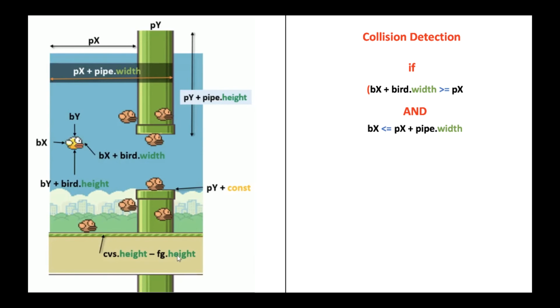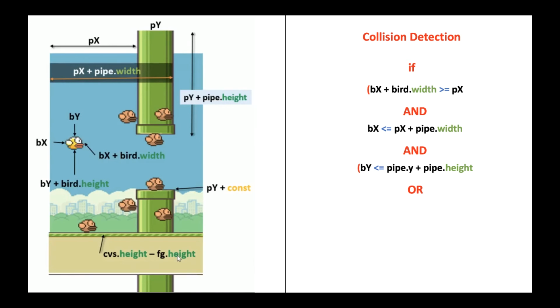And we've also got the possibility of a collision where the bird's x coordinate is greater than or equal to pipe.x plus the pipe.width. And finally, we've also got another and where the bird's y coordinate is less than or equal to the y coordinate of the pipe currently plus its height, which will give us that position there. All three of those will equate to a collision with the pipe.